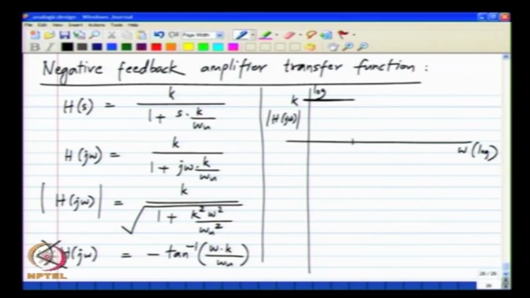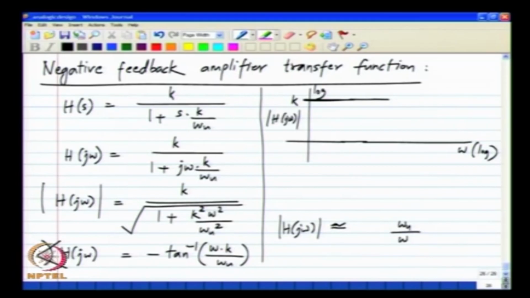And for very large values of omega, the second term in the denominator is going to be much greater than 1, and 1 can be neglected in comparison to k square omega square by omega u square. So, in this condition we can approximate the magnitude by omega u divided by omega.